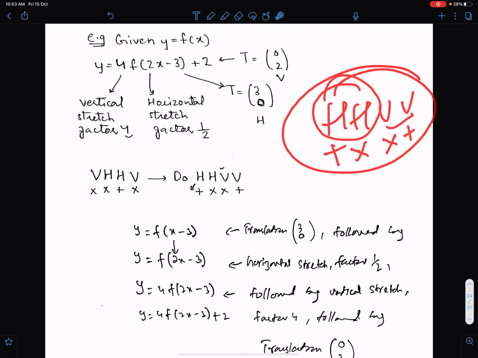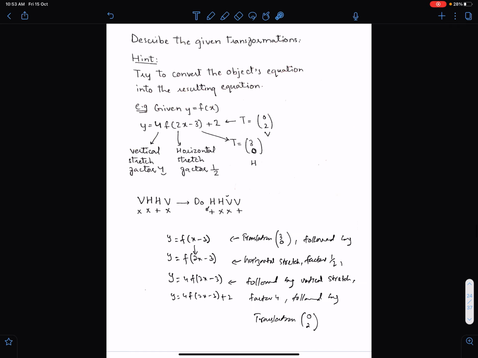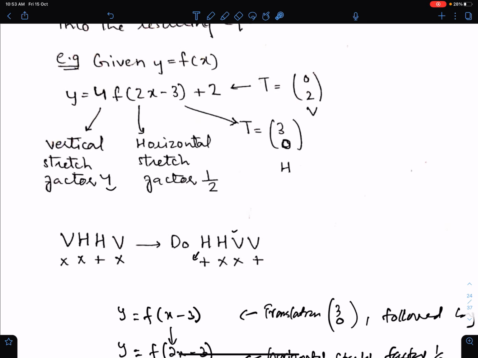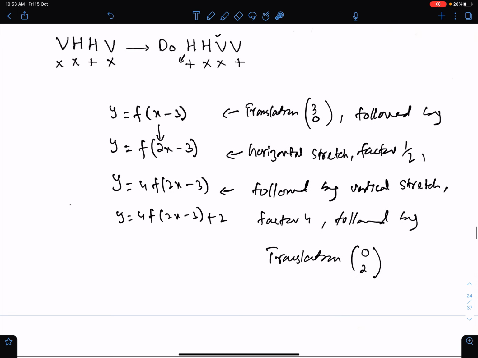So this is the way. You can check the answer. This is translation 3, 0 followed by horizontal stretch factor half followed by vertical stretch factor 4 followed by translation vector 0, 2.